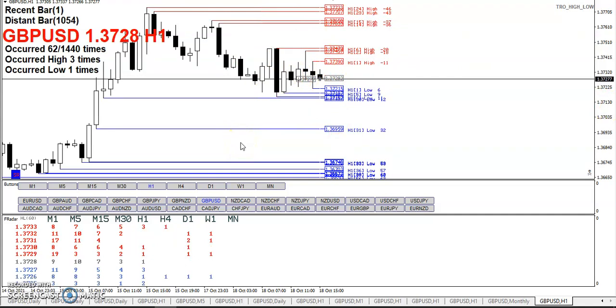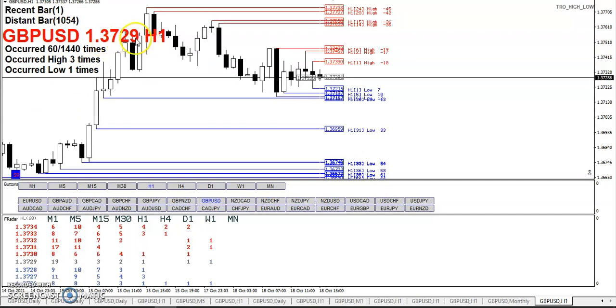Now, with the price occurs indicator that I wrote, it tells me that this current price right here, 137.29, the most recent bar where that had this price within the high and the low was 1 bar ago.